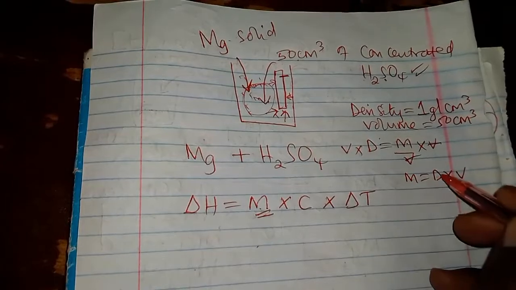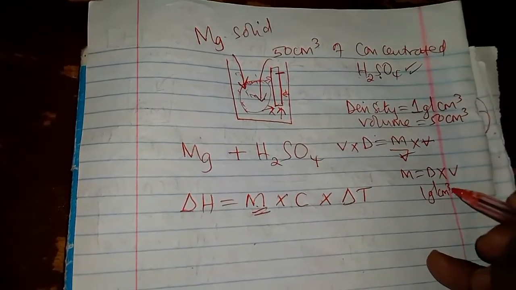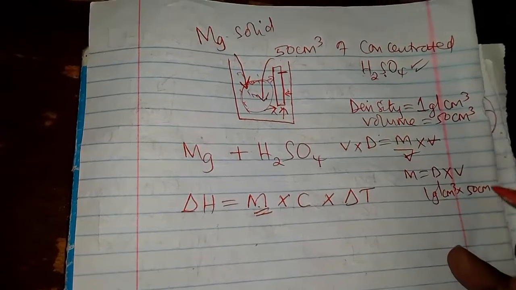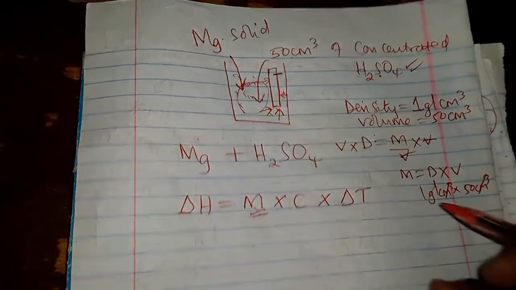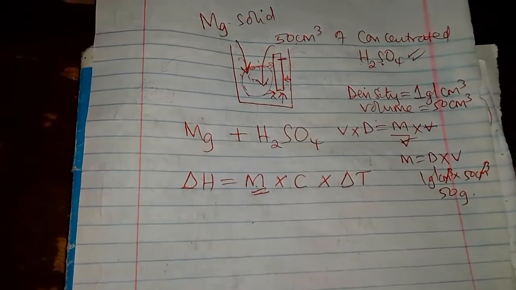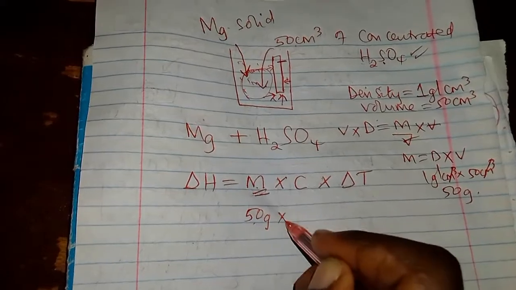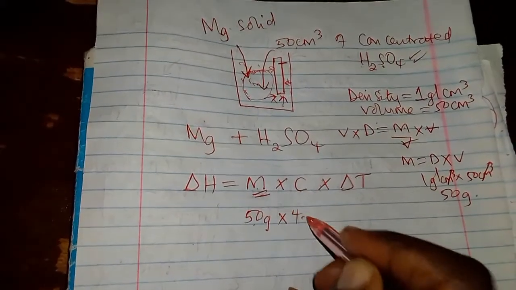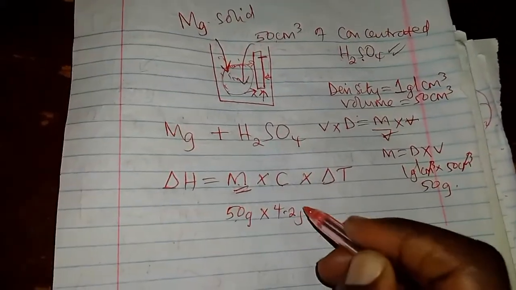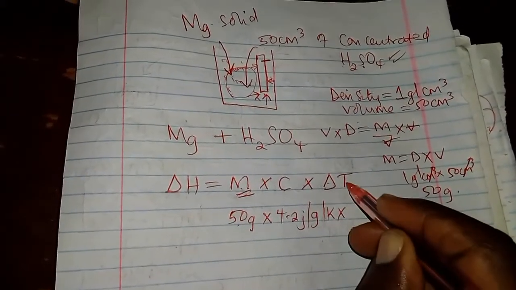I'll take the density, 1 gram per cm³, multiplied by the volume, 50 cm³. The cm³ cancel, so what do I have? 50 grams. Good. So I'm going to say 50 grams as the mass multiplied by the specific heat capacity, which is 4.2 joules per gram per Kelvin, multiplied by the change in temperature.